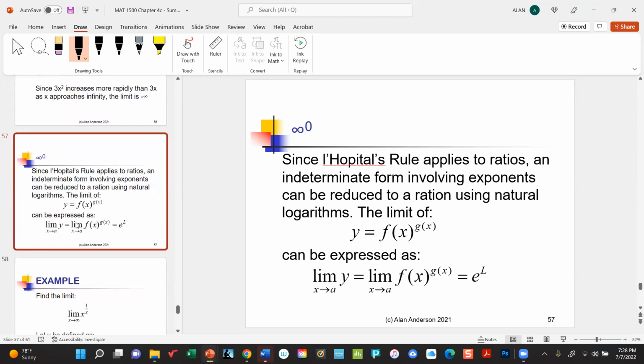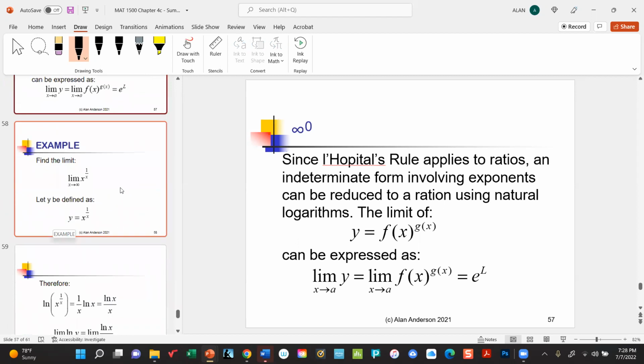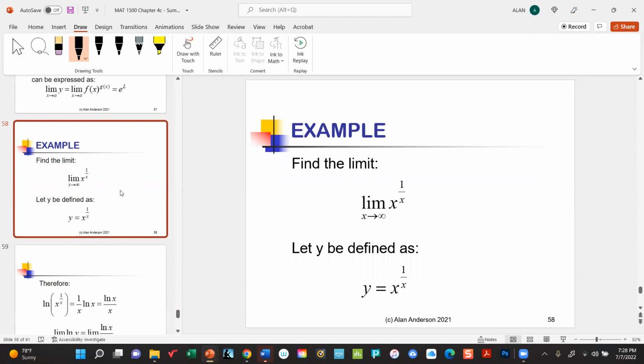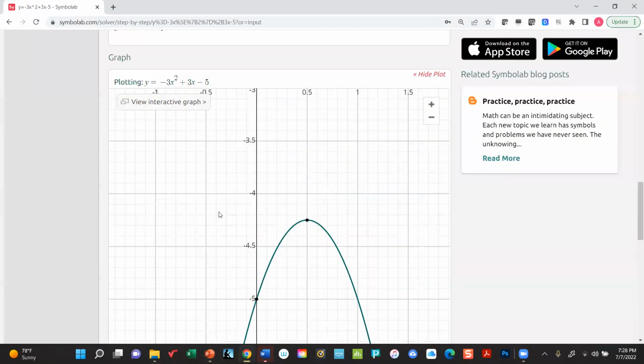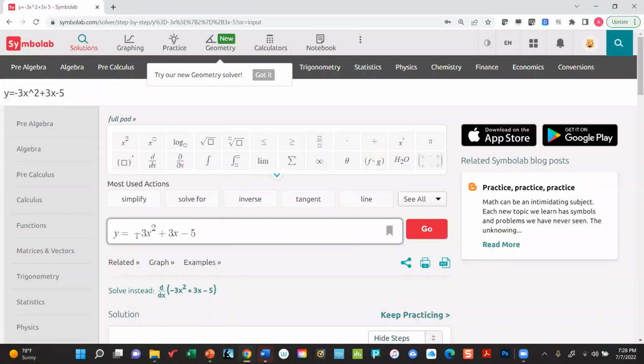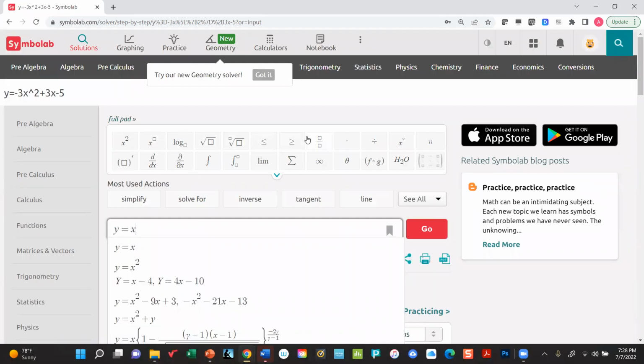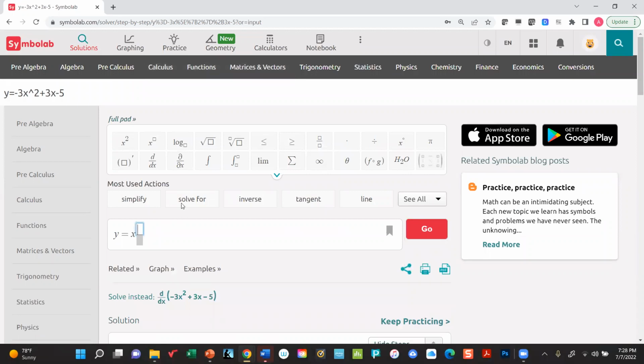So let's take a look at an example. Look at this one: the limit of x raised to the 1 over x power as x goes to infinity. So first, let's take a look at the graph. I'm dying to see this one. Okay.